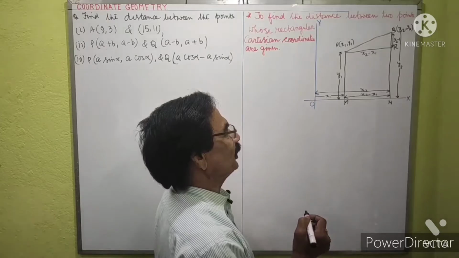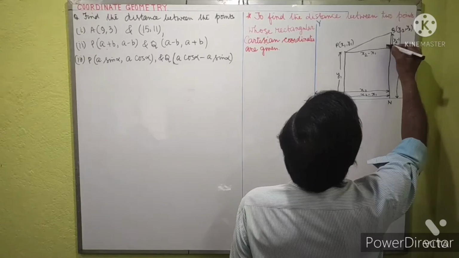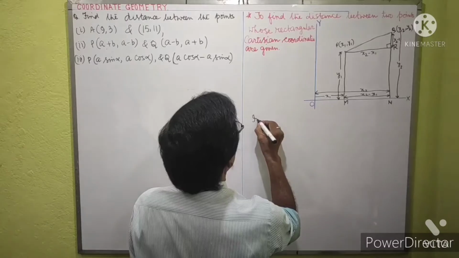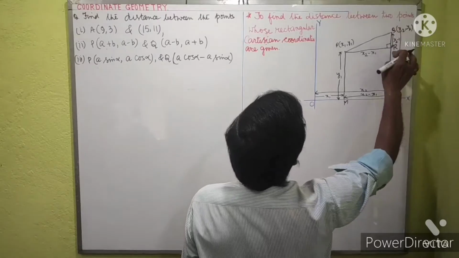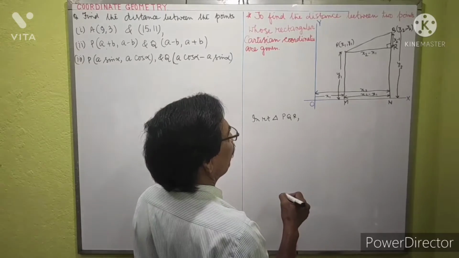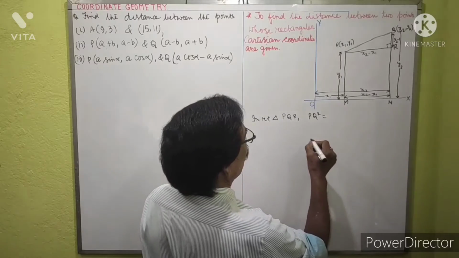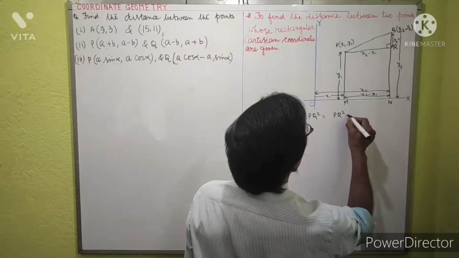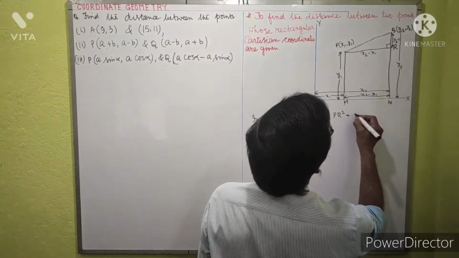According to the Pythagoras theorem, this is a right angle triangle, and in a right angle triangle PQR we have hypotenuse PQ square is equal to PR square plus QR square.